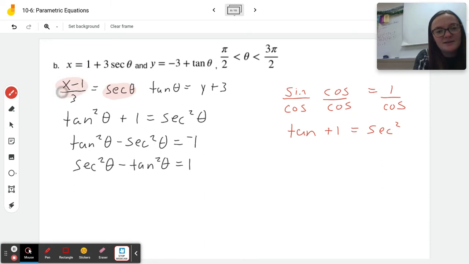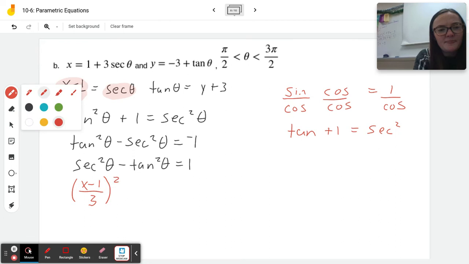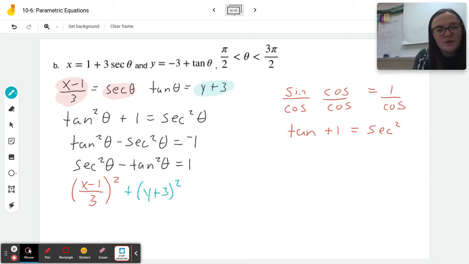Secant of theta is x minus 1 over 3, so I'm going to replace it. Instead of secant squared theta, I'm going to say x minus 1 over 3 squared. And instead of tangent squared theta, I'm going to say y plus 3 quantity squared. That's all going to be equal to 1.